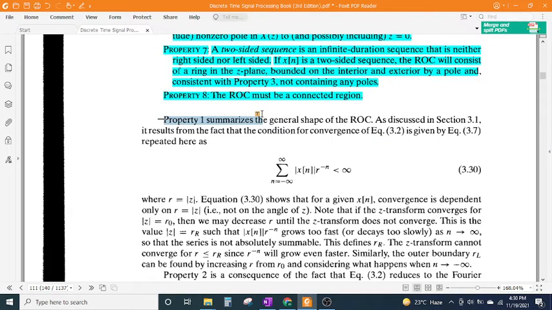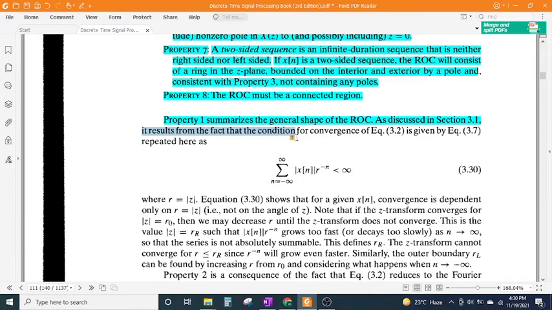As discussed in Section 3.1, it results from the fact that the condition for convergence of Equation 3.2 is given by Equation 3.7, repeated here as the sum over n from minus infinity to infinity of |x[n]| r^(-n) < infinity, Equation 3.30, where r equals |z|. Equation 3.30 shows that for a given x[n], convergence is dependent only on r equals |z|, not on the angle of z.